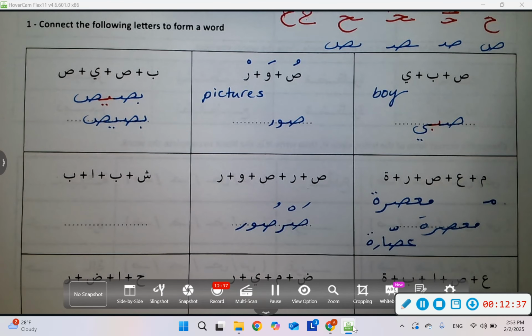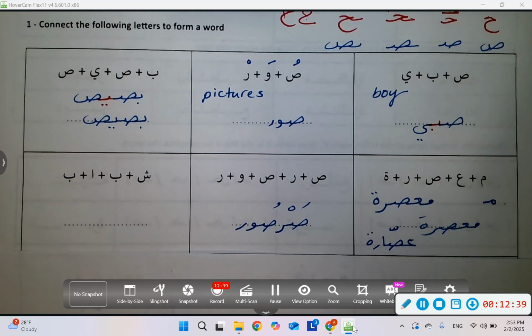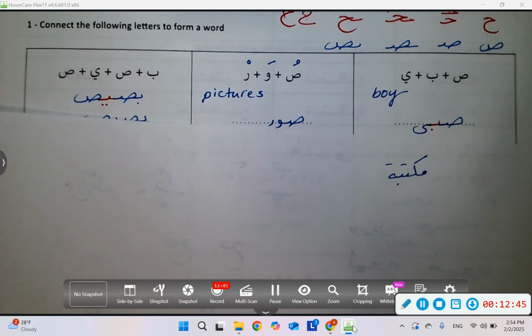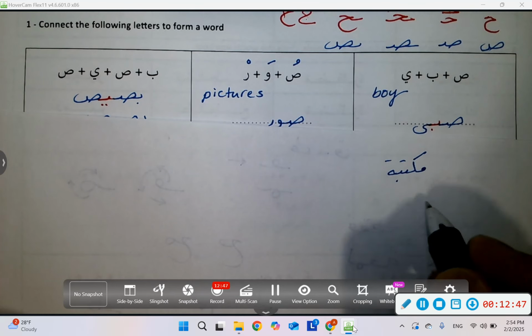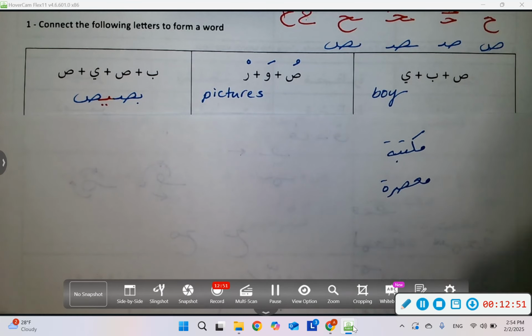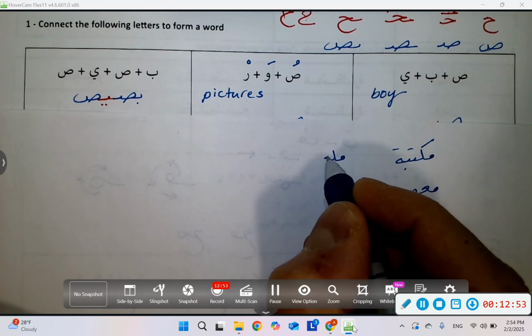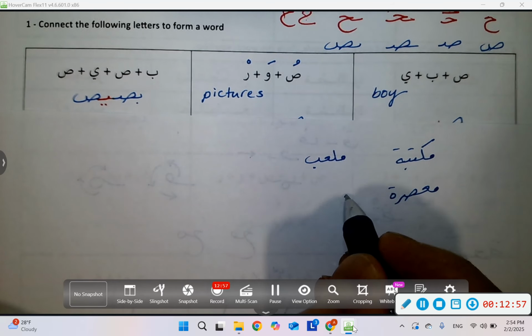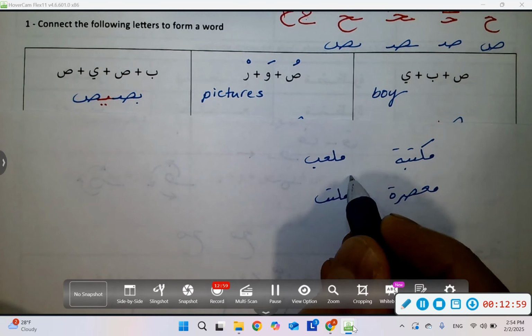And by the way, whenever you want to talk about a place, it always starts with meme, like maktaba, where you buy the kutub. Maktaba, start from meme. Masara, where you do the asir. Mal'ab, where you play, min la'ib. Maktab, where you study, it's an office.